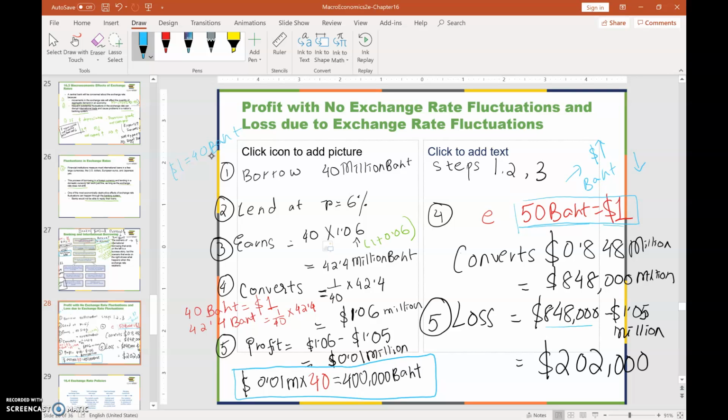But they have to repay $1.05 million. So there is a loss here, which is $0.202 million. This happened because baht went down in value and dollar went up in value.